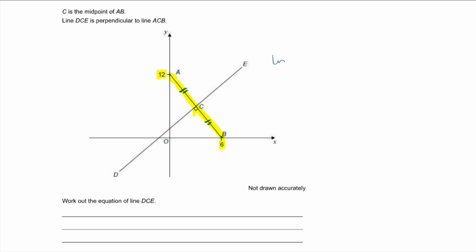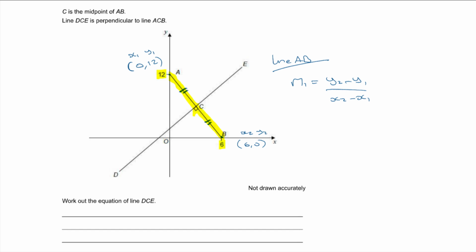For the line AB, then M1, the gradient, it's going to be y2 minus y1 over x2 minus x1. Okay, now remember this point down here was 6, 0, and this point over here was 0, 12. So this could be my x1, y1, and this could be my x2, y2 coordinates.